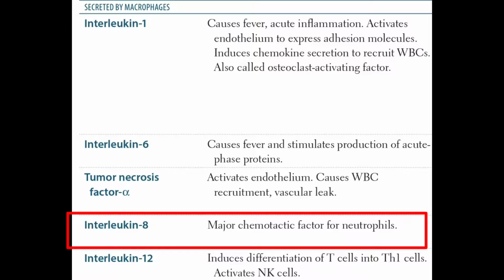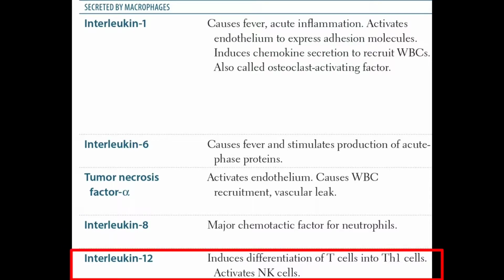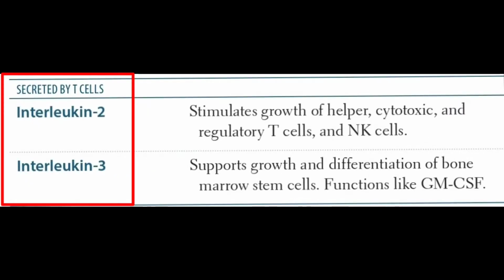So whenever there is an infection, macrophages appear in the infected area and secrete interleukin 8, thereby recruiting the neutrophils, because interleukin 8 is the chemotactic factor for the neutrophil. Interleukin 12 induces differentiation of the T cell into the T helper 1 cell, and it also activates the natural killer cells.